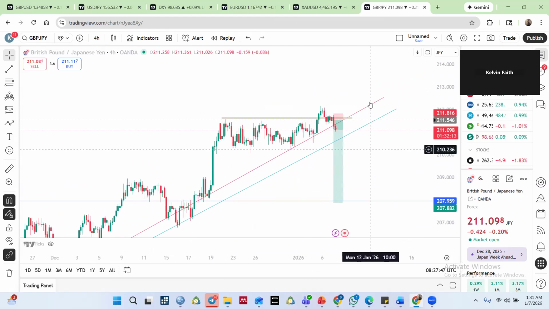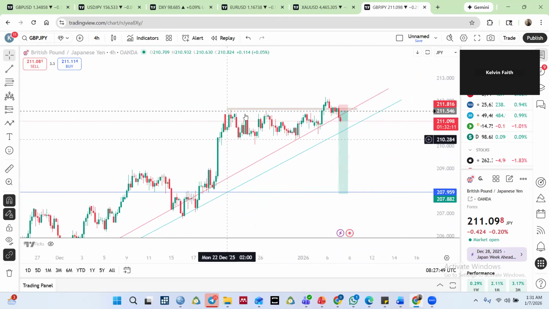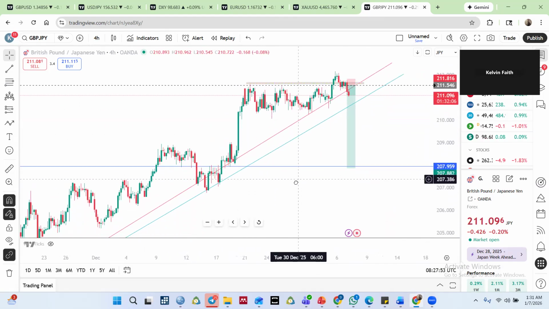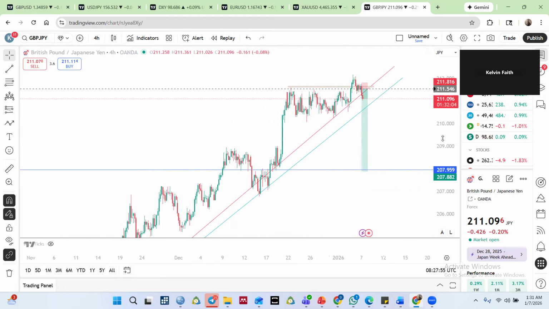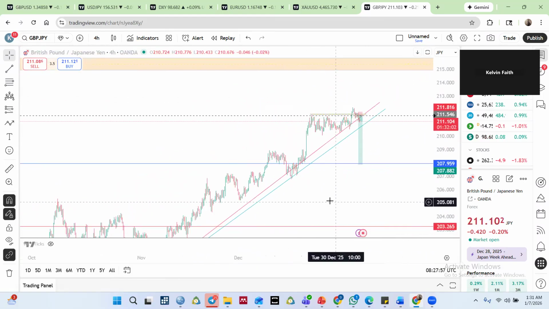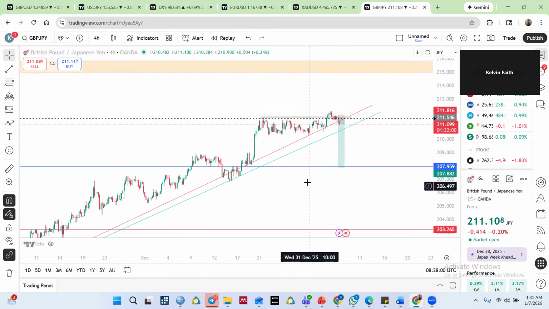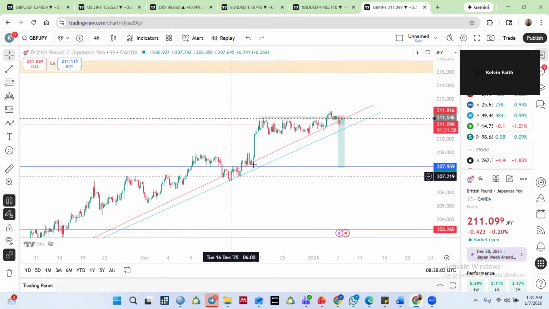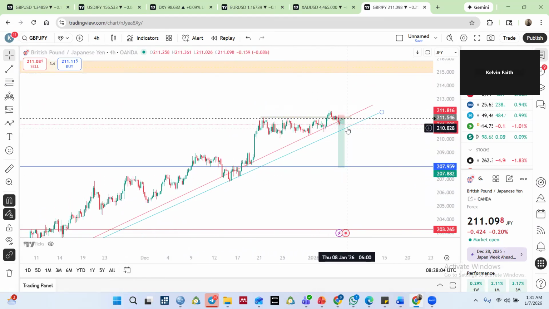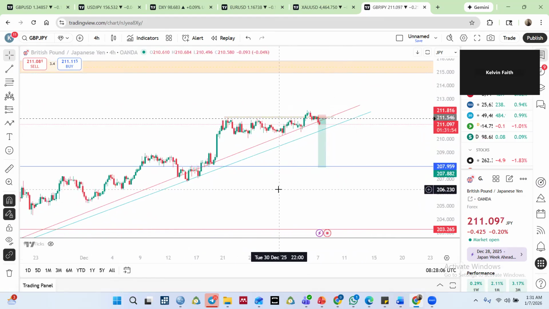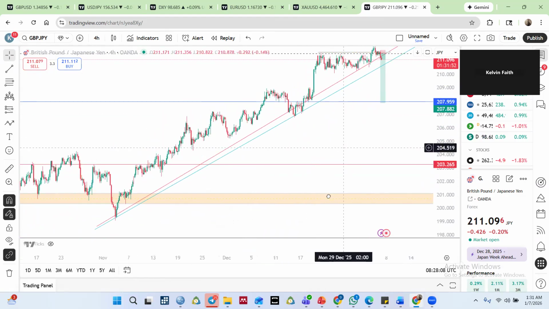I'm looking for price to go more bullish, but I could see that there is this head and shoulder formation pattern forming. And so it looks like there's a high possibility for price to kind of drop a little bit more before going up again.